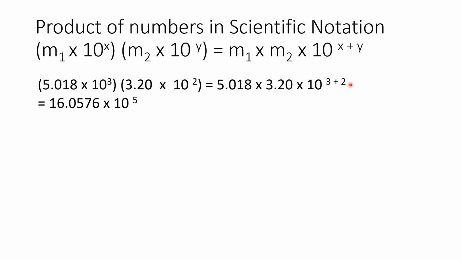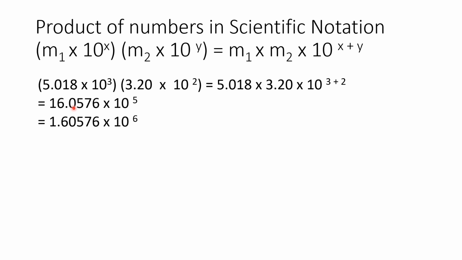Same thing can be done on Taylor frame also. But note down, this 16.0576 into 10 raised to power 5 is not in proper scientific notation, because the m part of it is 16, which is a 2-digit number.